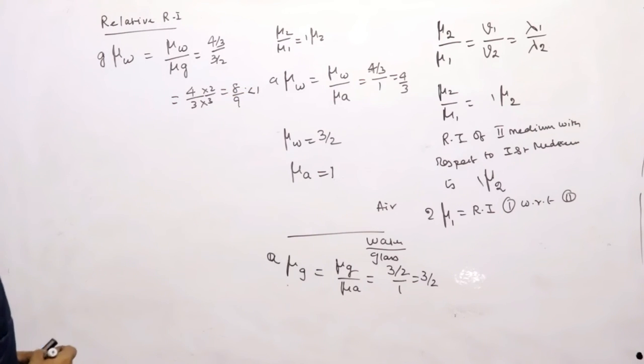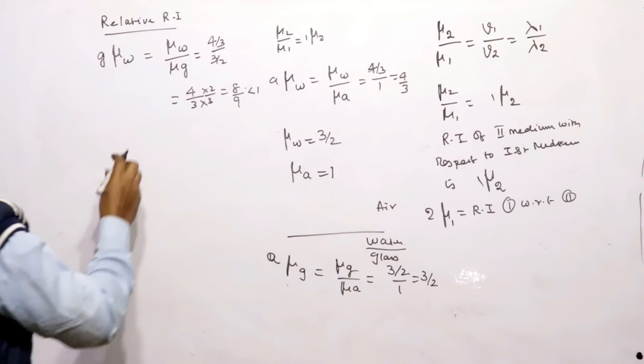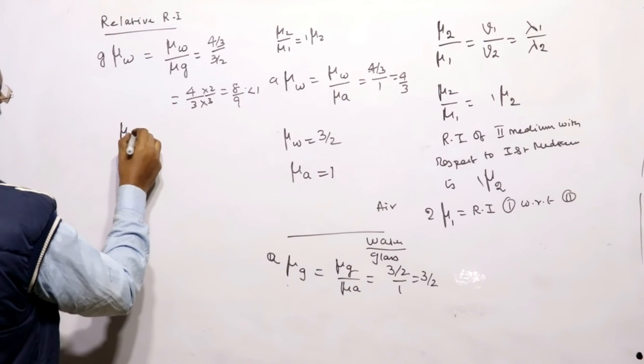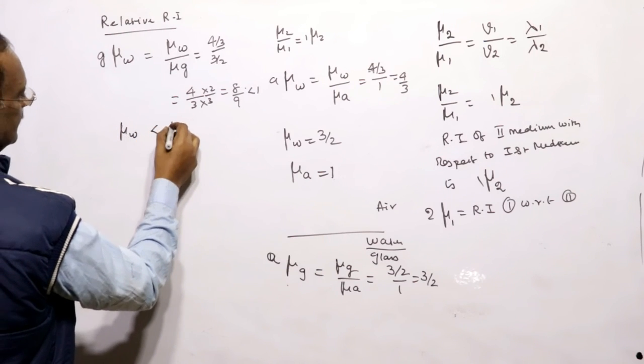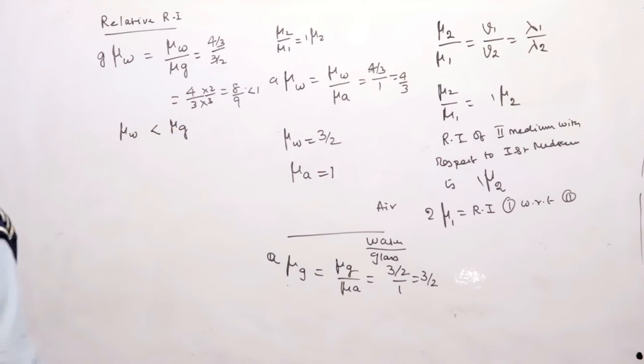It means the refractive index of water with respect to glass is less than 1. That means what? The refractive index of water is less than refractive index of glass.